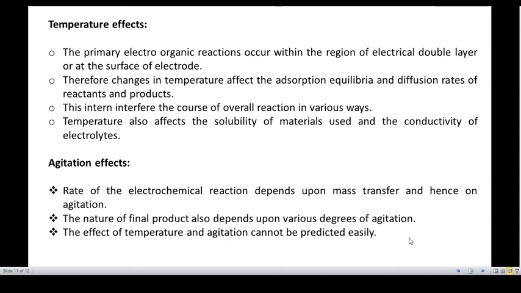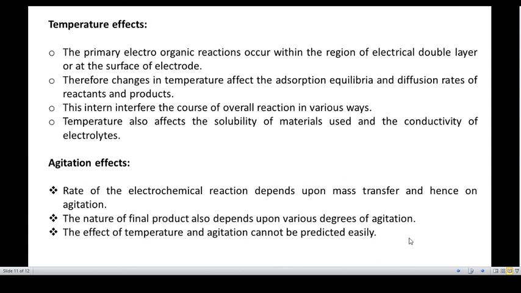Next is the agitation effect, because in all electrosynthetic reactions you have to bring the substance from the bulk to the electrode surface. Therefore agitation affects the mass transfer, and hence the rate of the electrochemical reaction depends upon agitation also.